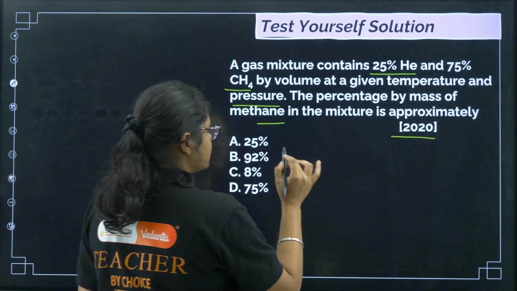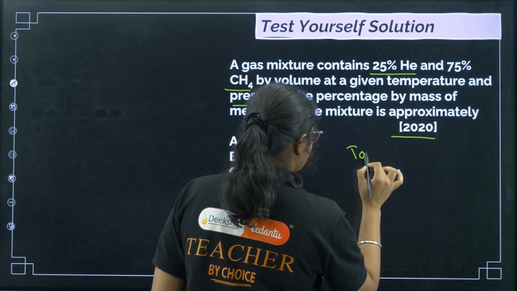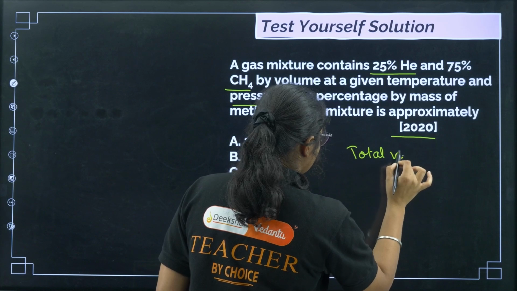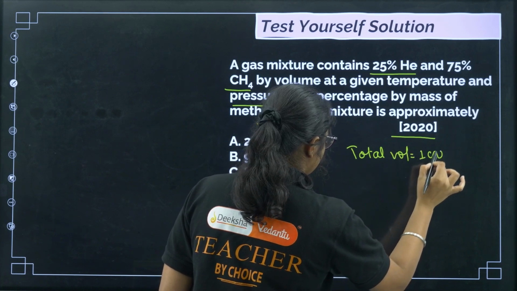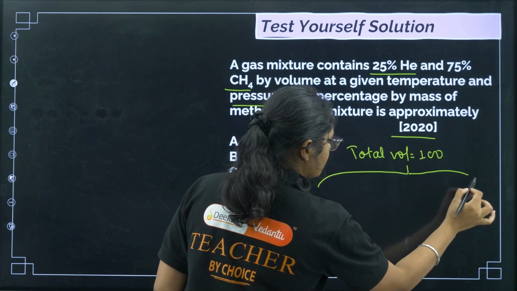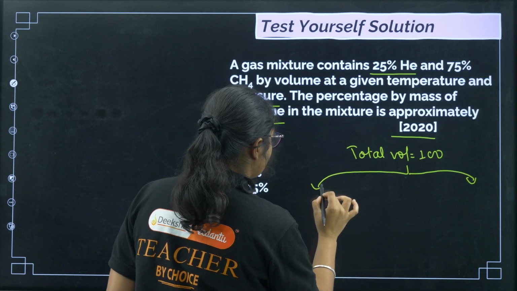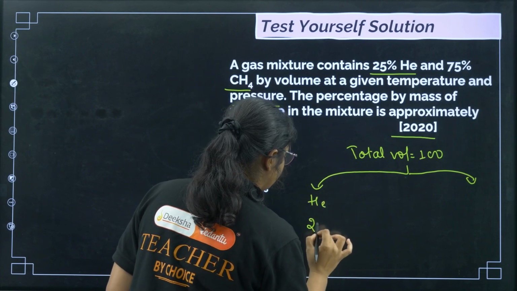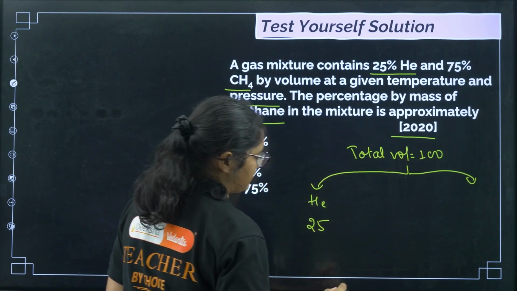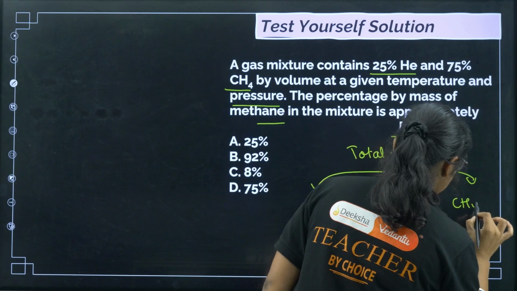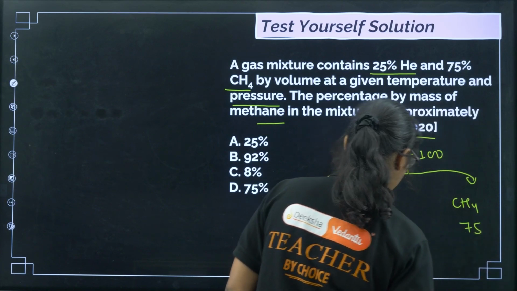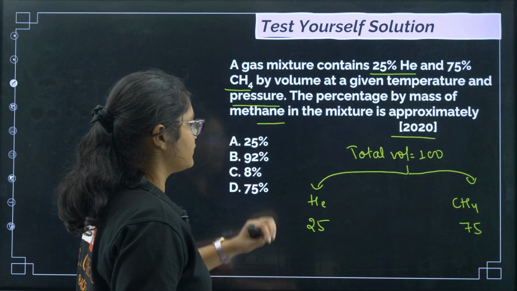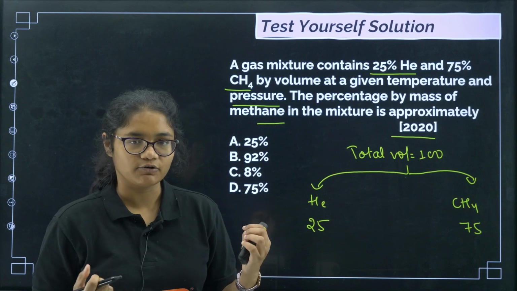First of all, if the total volume is 100, then out of that we have helium as 25%. So 25% of 100 is 25, and methane as 75. Next we need the percentage by mass of methane.